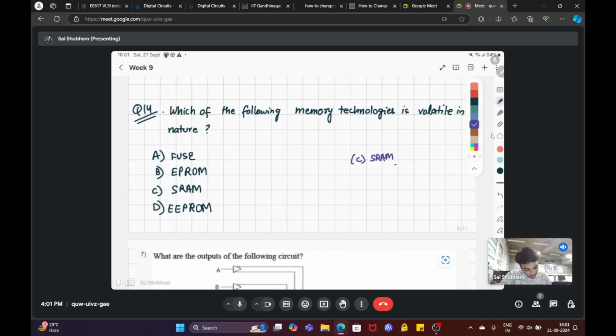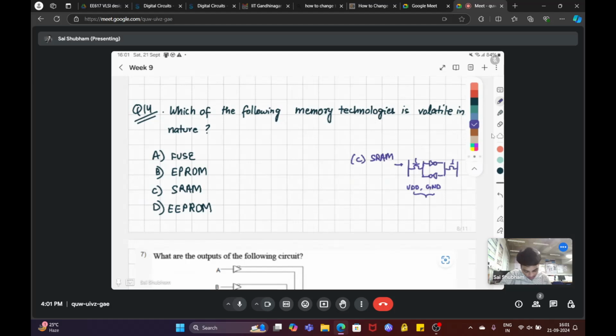So SRAM is basically your back-to-back inverters connected. So the inverters can retain the information as long as the VDD and the ground voltage is supplied to it. Okay, as soon as you remove the VDD ground connection, the data will be lost.